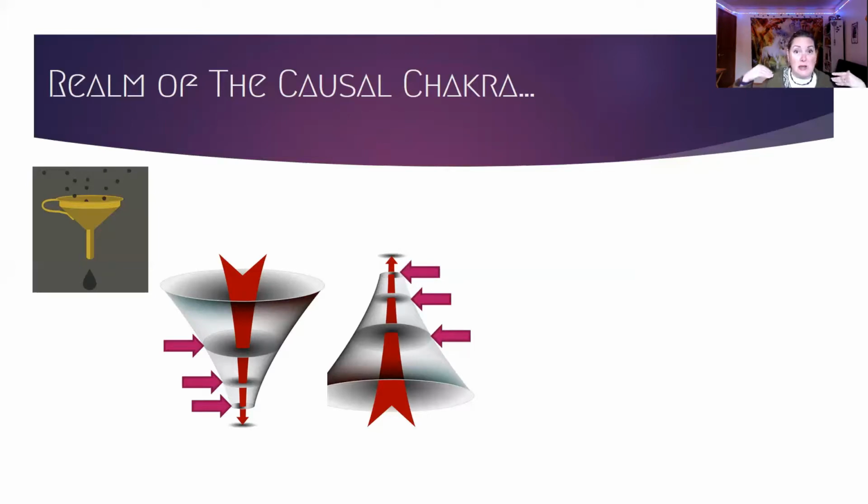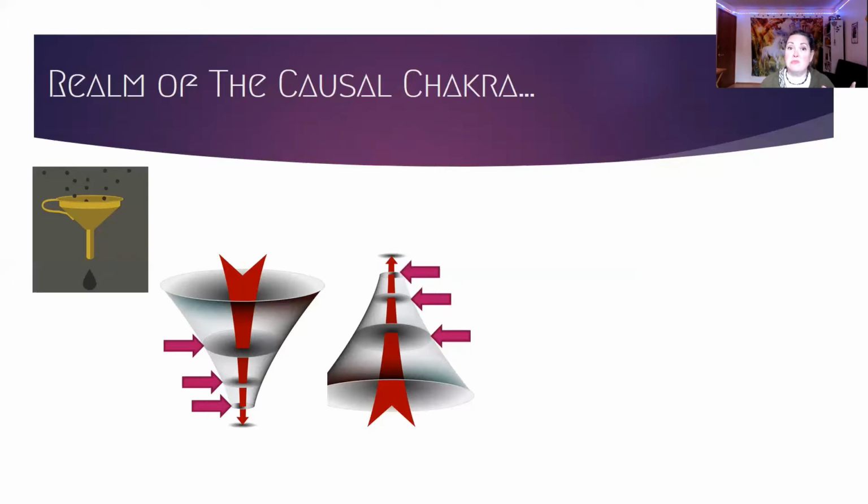Now, just like going up with all of our information, which is the second funnel with all the information we're sending up, it also comes back down in that way. So the information from Divine Source gets funneled back down into us through those filtering systems that are in place so that we can understand a little bit better what it is that Divine Source is asking us to do or what is coming from Divine Source.